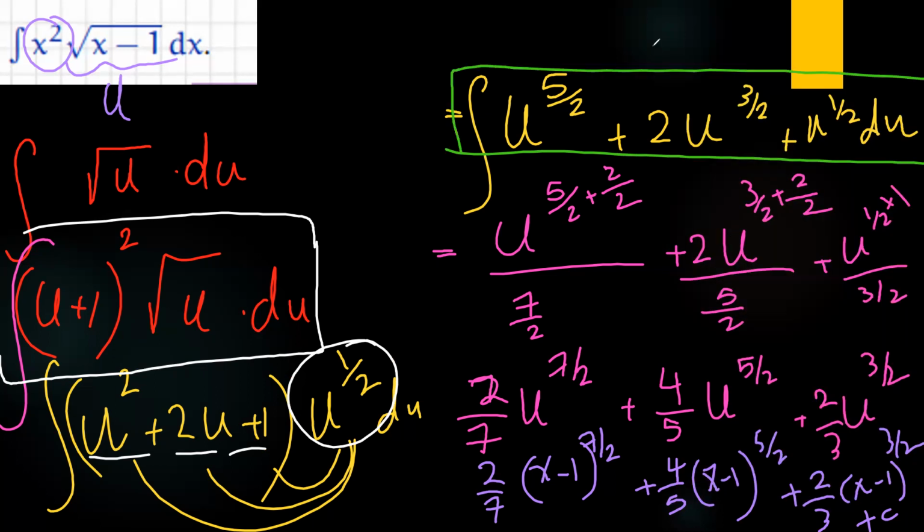Then we will continue by integrating, adding 1 to get 7 over 2. So you will get this final answer. This is how to find the integration by u substitution. Is it clear? Yes, teacher. Yes.